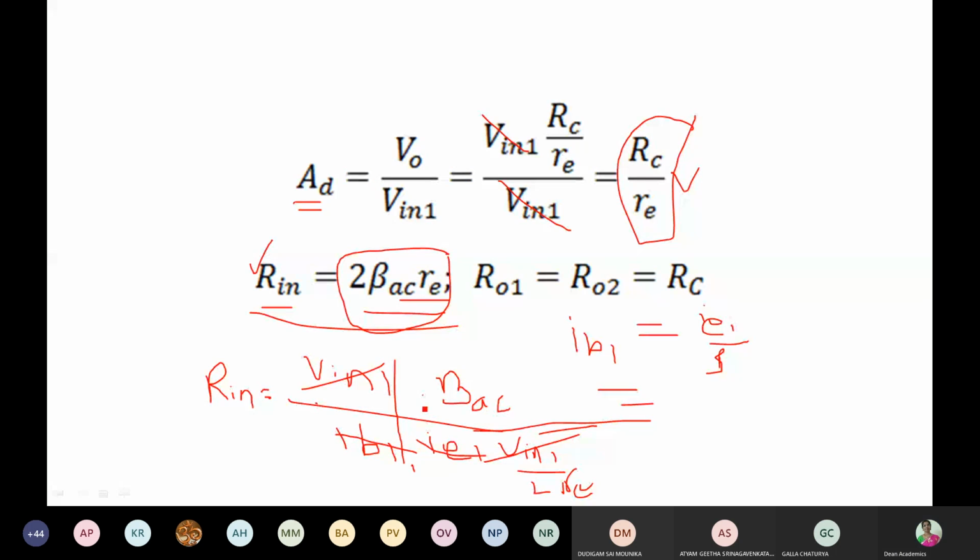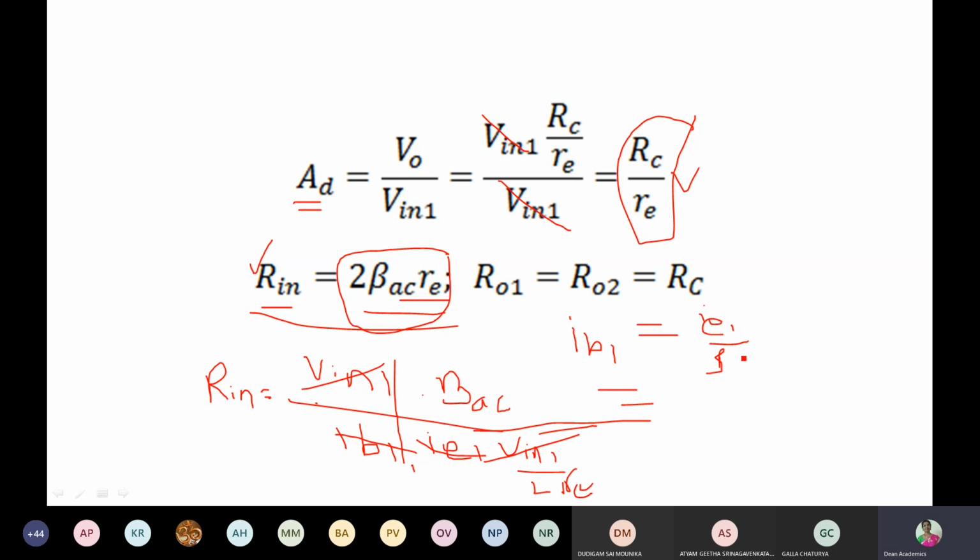Have you written that? We have done this same thing for the dual input balanced output differential amplifier. That's why I have not written these intermediate steps. Have you written IB1?